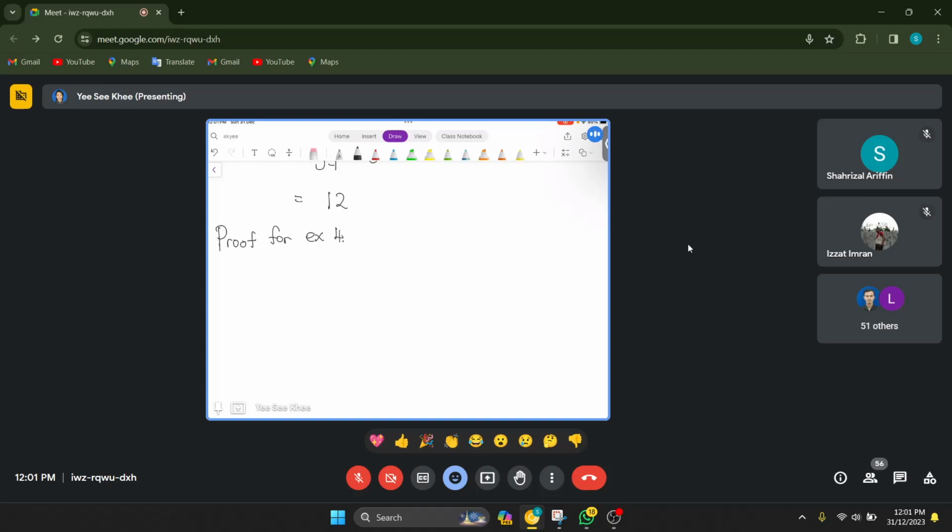Example 4.32, page 175. Same question, so I just write down the information again.